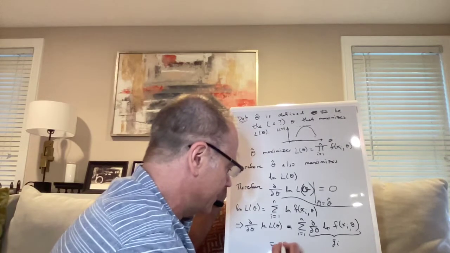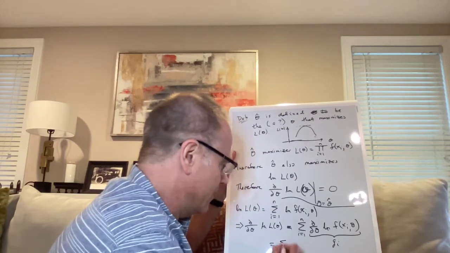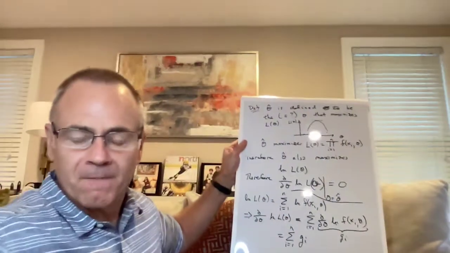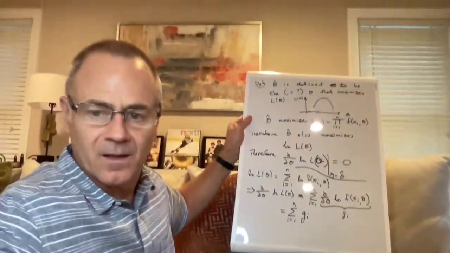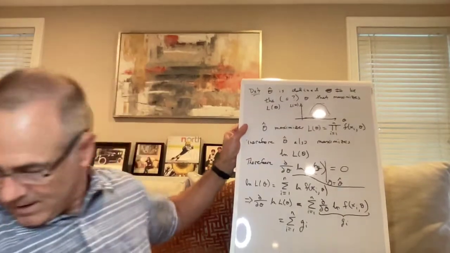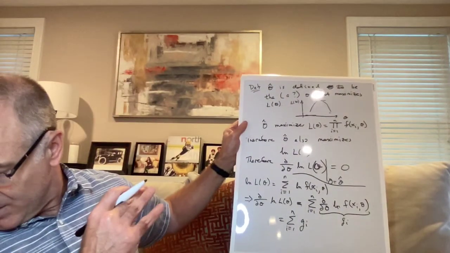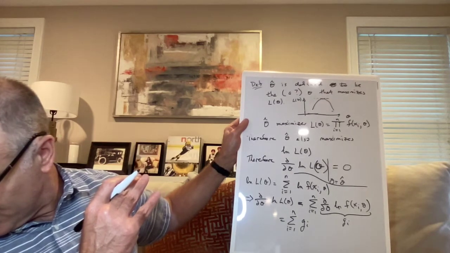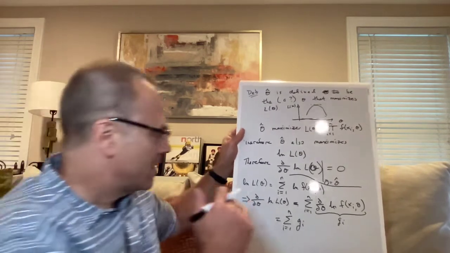So that just equals the sum, i equals 1 to n, of g_i.